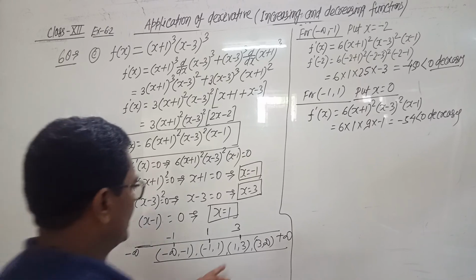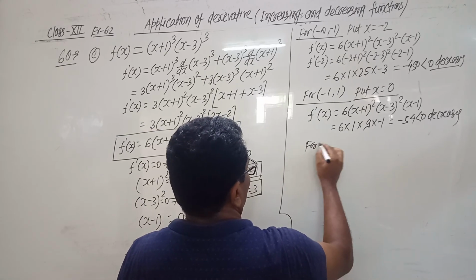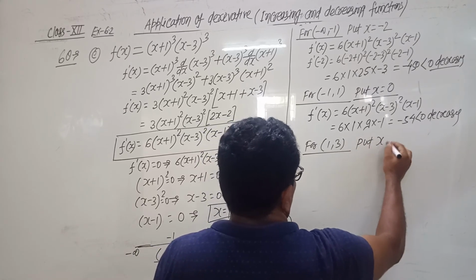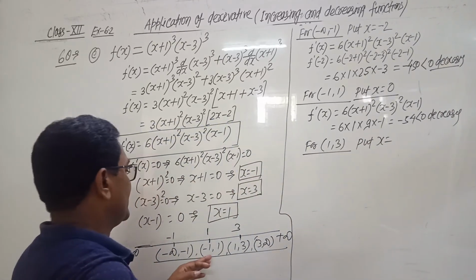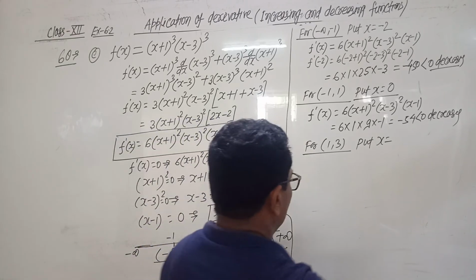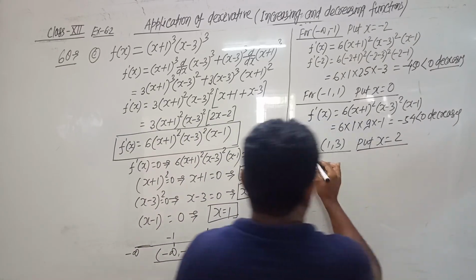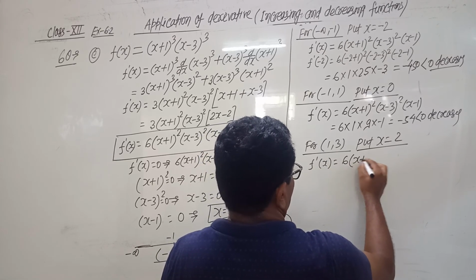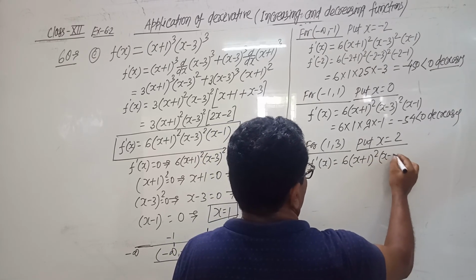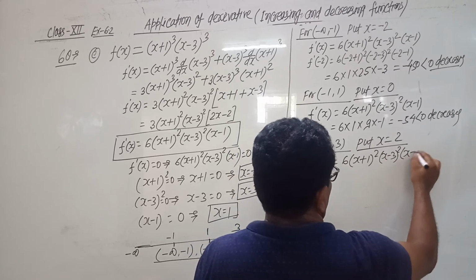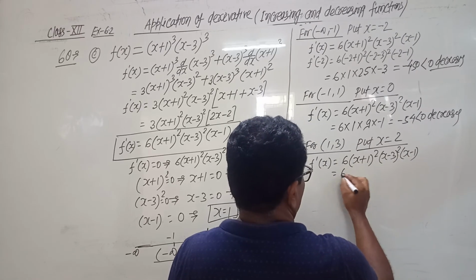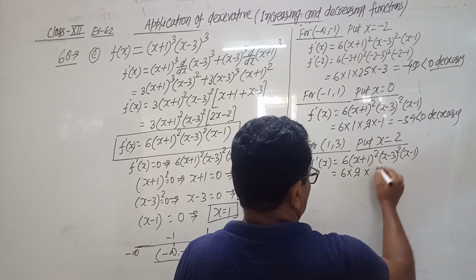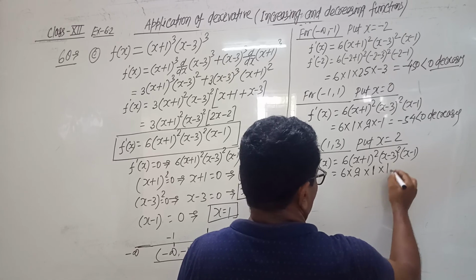Now take the third interval, 1 to 3, and put the value of x. We can take 2, which is between 1 and 3, so x = 2. f′(x) = 6(x + 1)²(x − 3)²(x − 1): 6 times (2 + 1)², 9, times (2 − 3)², which is 1, times (2 − 1).